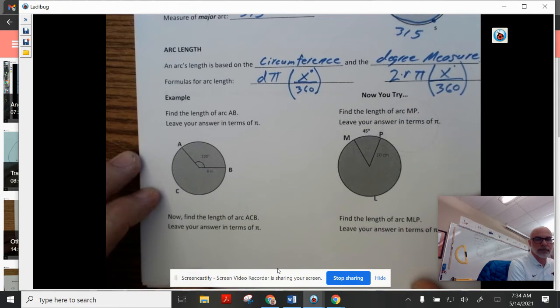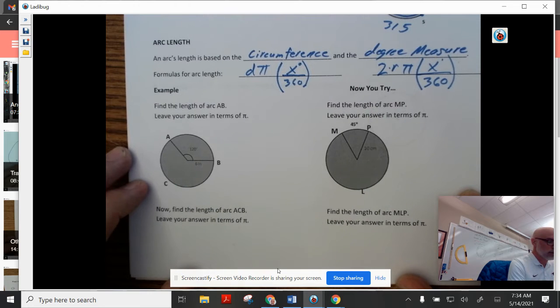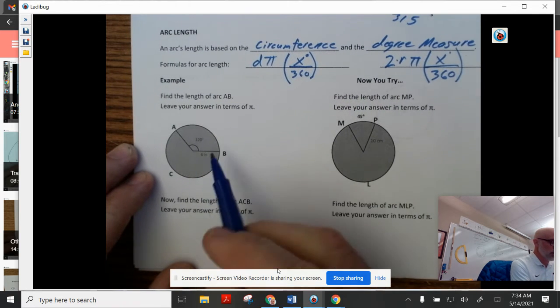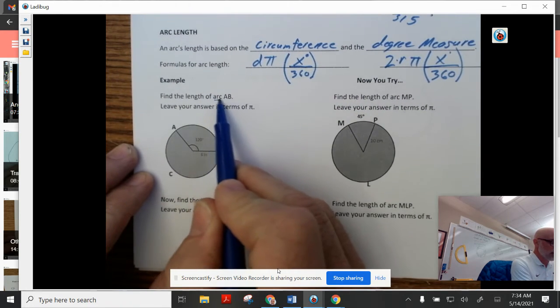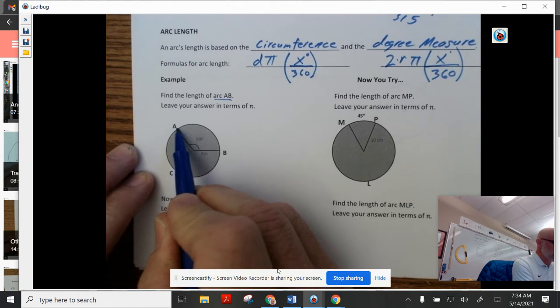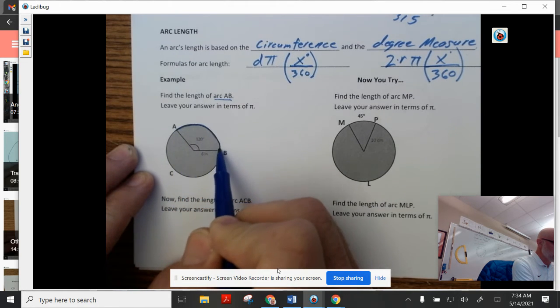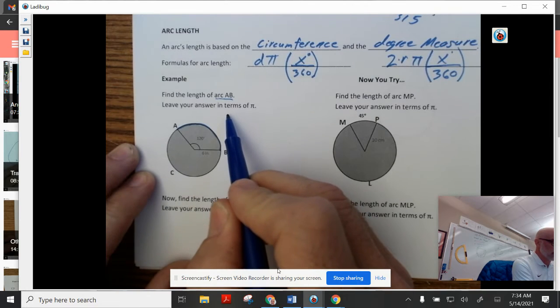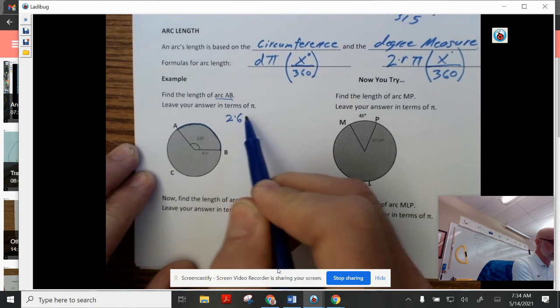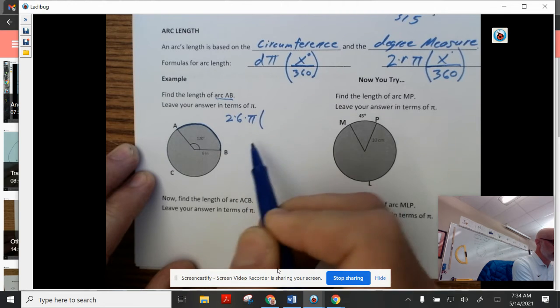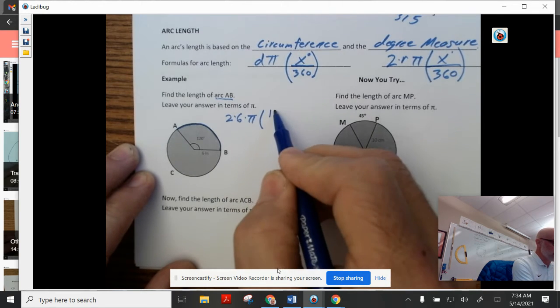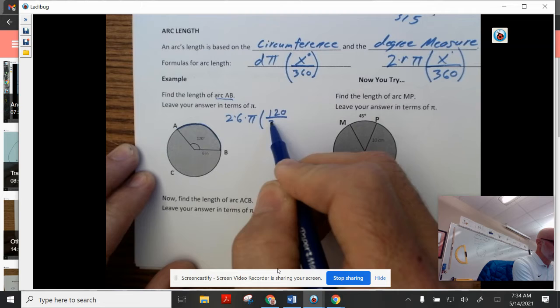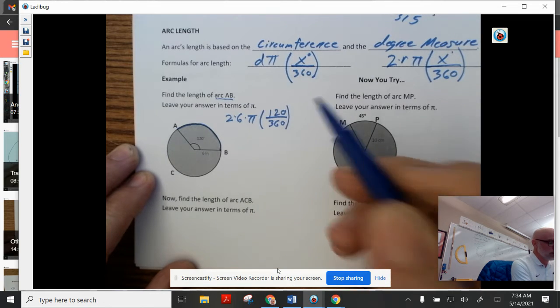All right. So write those formulas down, and then let's use it down here. It says find the length of arc AB. So AB is the minor arc going this way. The radius is 6. So I'm going to do 2 times 6 times pi. And I'm going to multiply by 120 out of 360, which is a percentage.